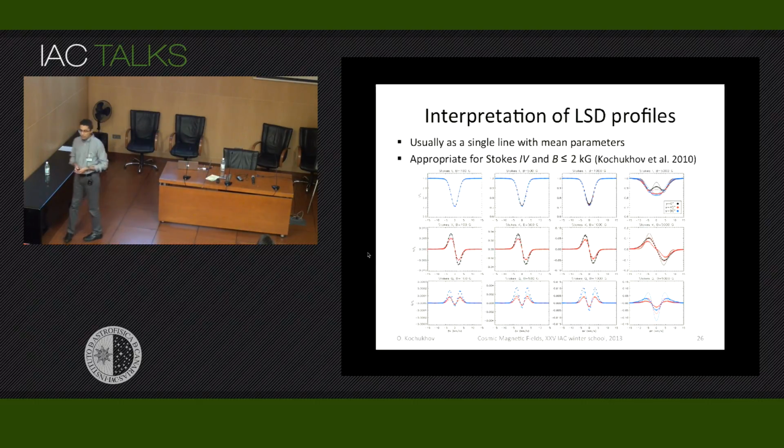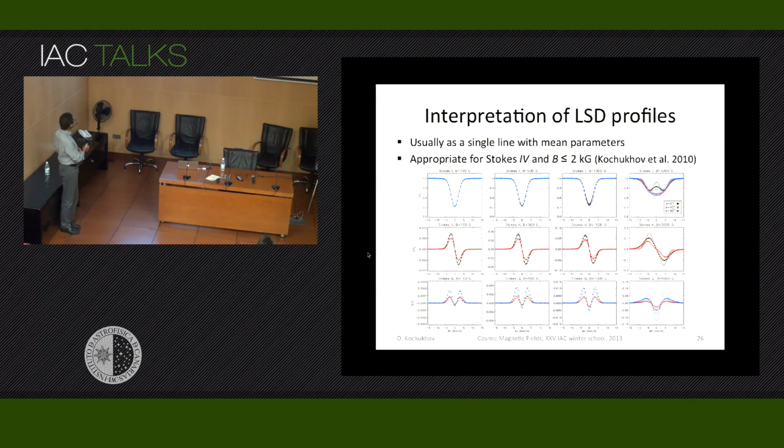This interpretation usually assumes that LSD profiles behave as real spectral lines for the mean parameters. So I can derive a mean wavelength, a mean Lande factor, and then model LSD profiles as if they represent a real spectral line. And these are tests trying to evaluate how well this assumption works.